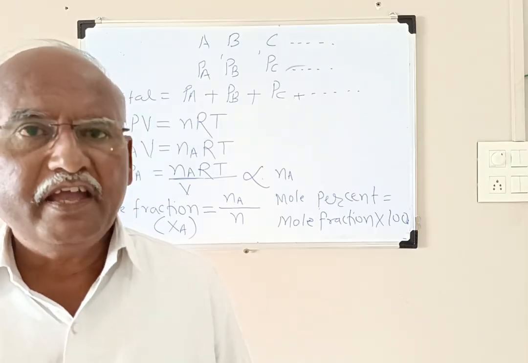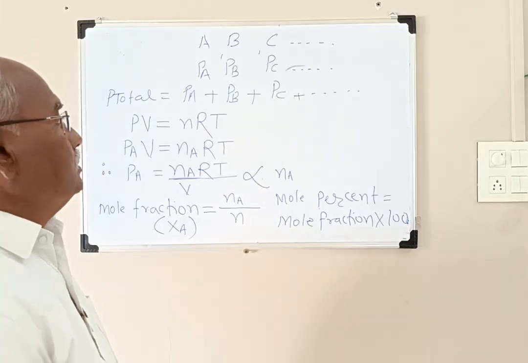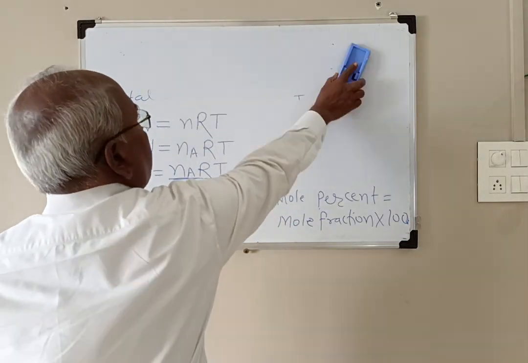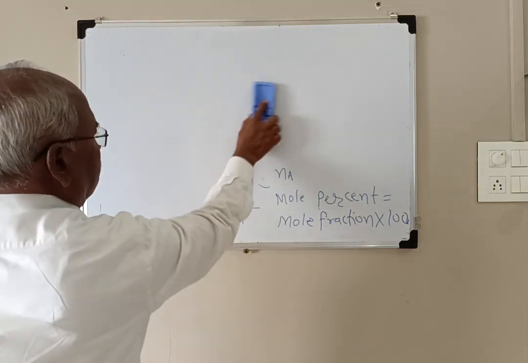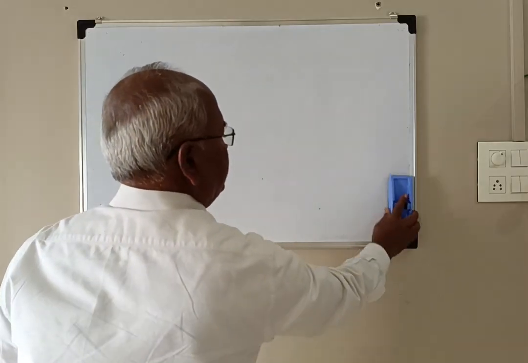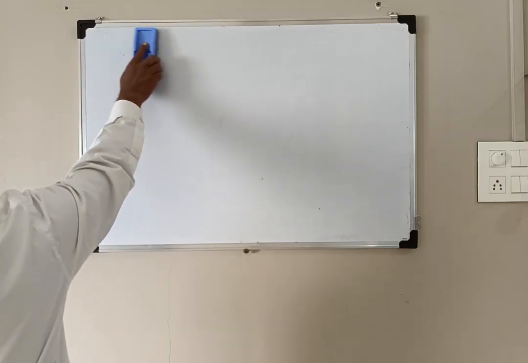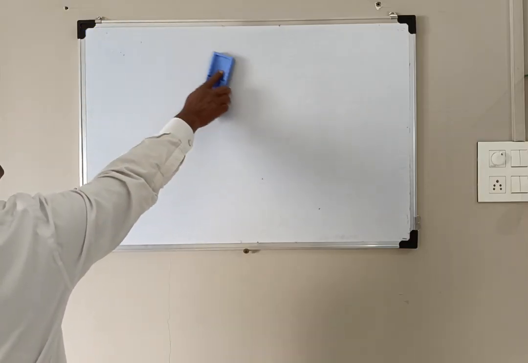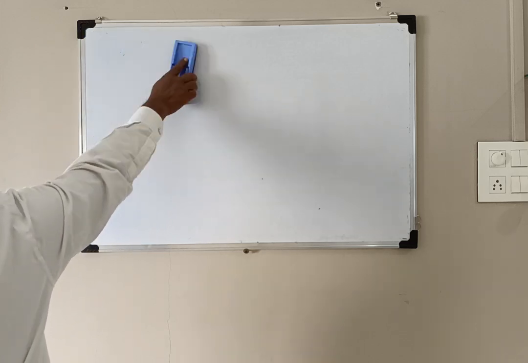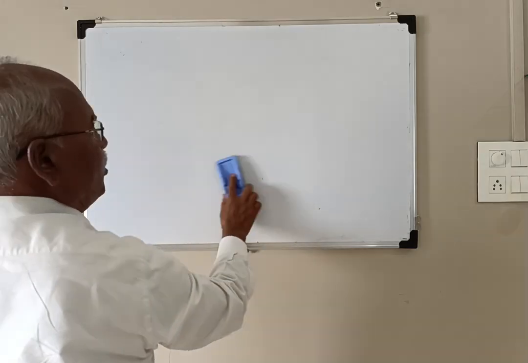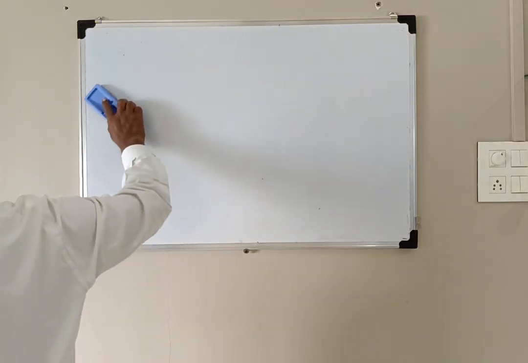If it is clear, we solve some problems on this type of formula. Dalton's law of partial pressure: the pressure exerted by an individual gas of the mixture. The pressure exerted by the mixture is the sum of the individual pressures, or partial pressures, of the components of the gas.